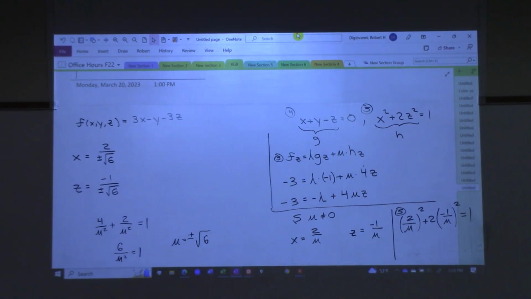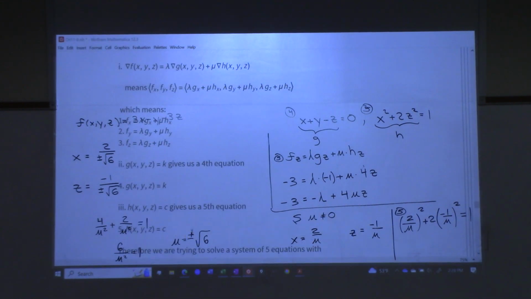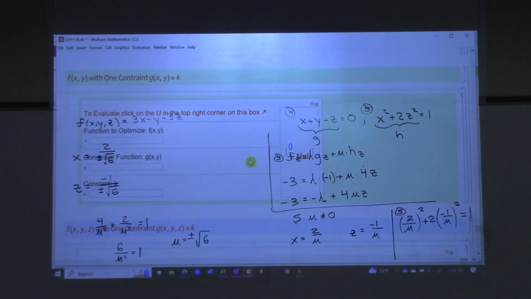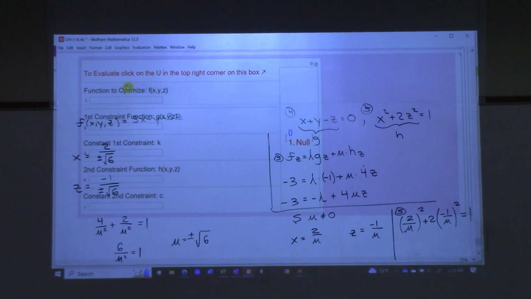Now, to save myself the algebra and time, I'm going to go to my calculator again that I have at the end of this section. The very last one is optimize the function, and then you have the 2 constraint equations. So I'm going to just type this in here.